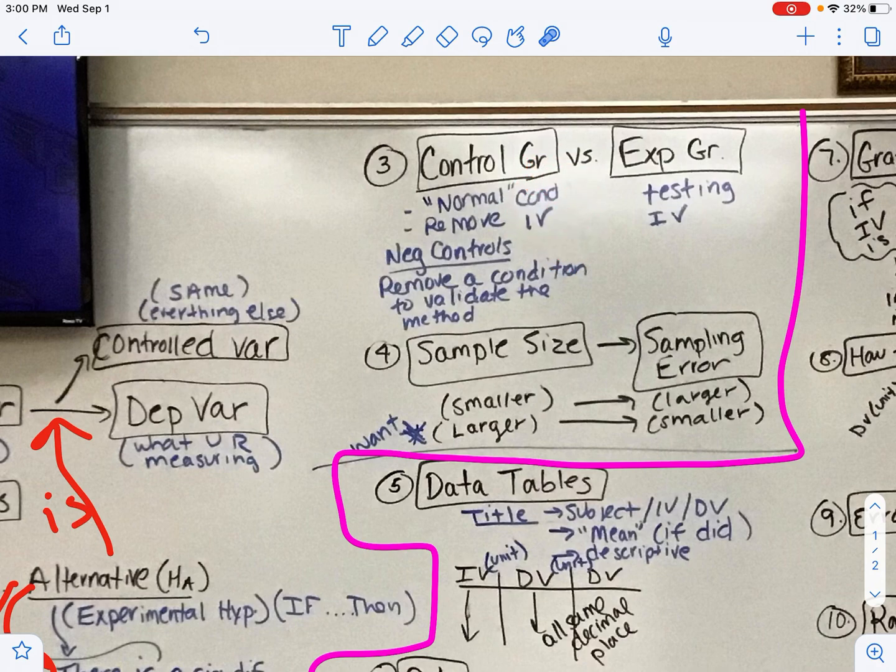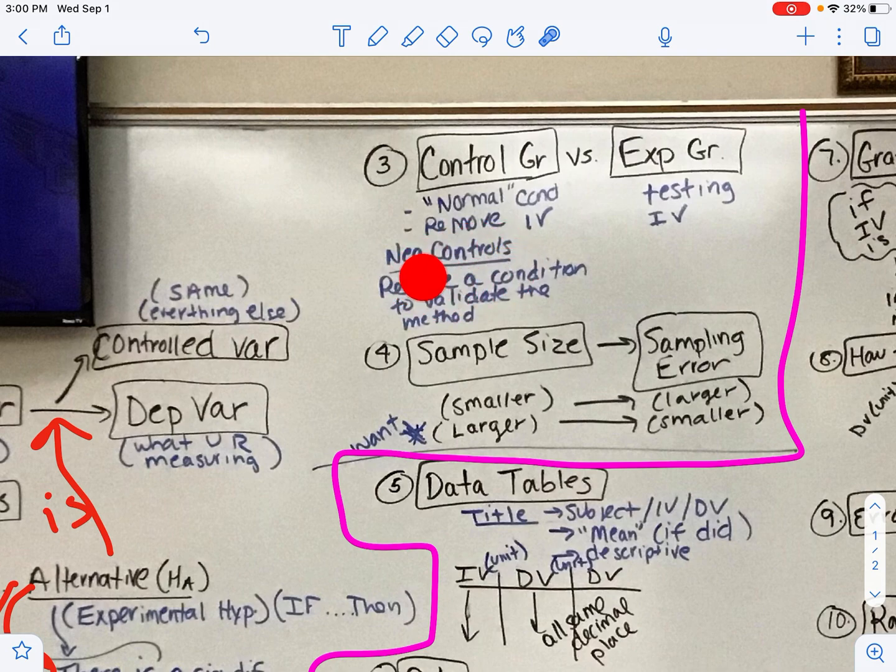You could just have a group of plants with no fertilizer. So think of those two as your options to help you think of a control group. And then there's also negative controls, which are ones where you're removing a condition or a component, let's say, of a test tube that you're putting in there, and you're validating your method. And we'll see an example with that in worksheet 1.